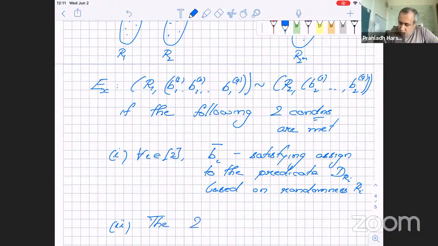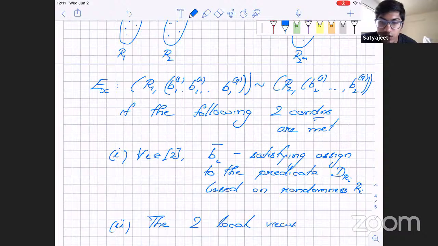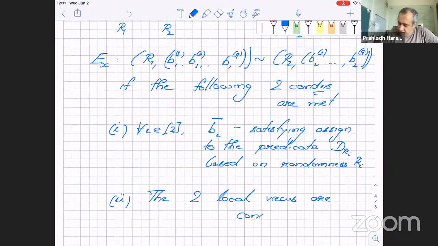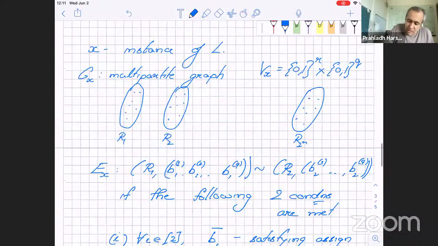The two local views. What does consistent mean? I'm writing it informally. Consistency means the following. On a particular random point, let me write it for simplicity for the adaptive setting, but this can also work for the non-adaptive setting.